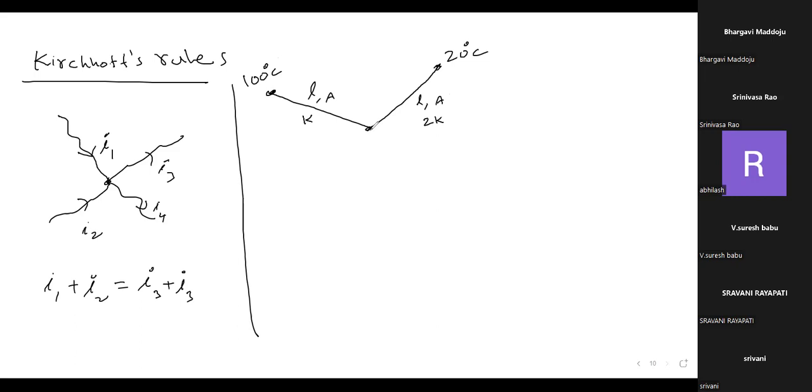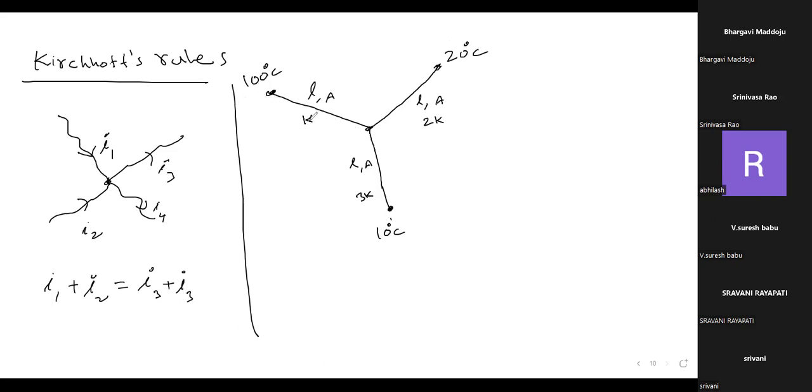This junction is connected to some other rod. Here length is L, A is area of cross section, and 3K is the thermal conductivity of this rod. But here the temperature is 10 degrees centigrade. No doubt this is at high temperature, and 20 degrees or 10 degrees are low temperature.